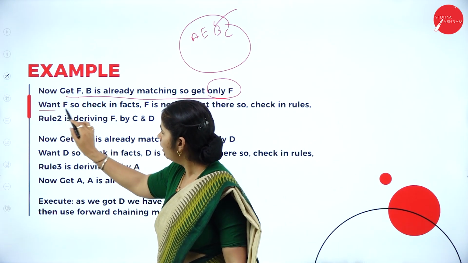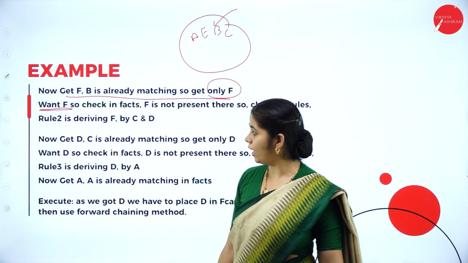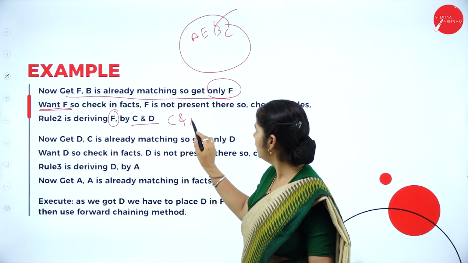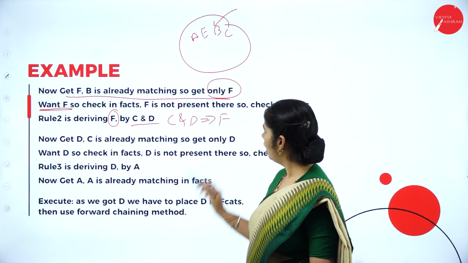So where can I find F? I can find F by C and D. C and D implies F, right?